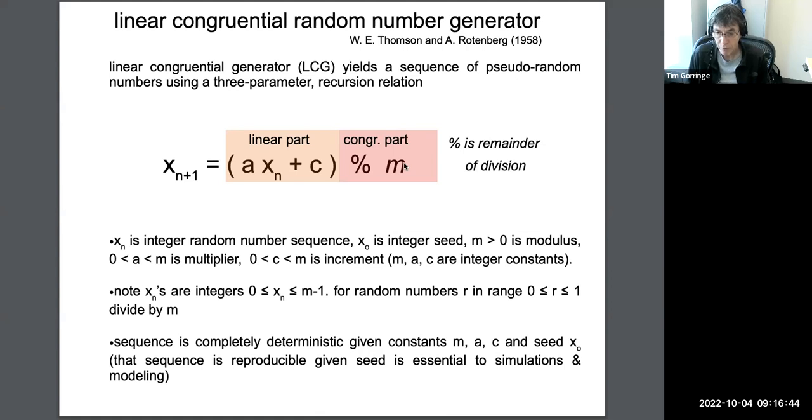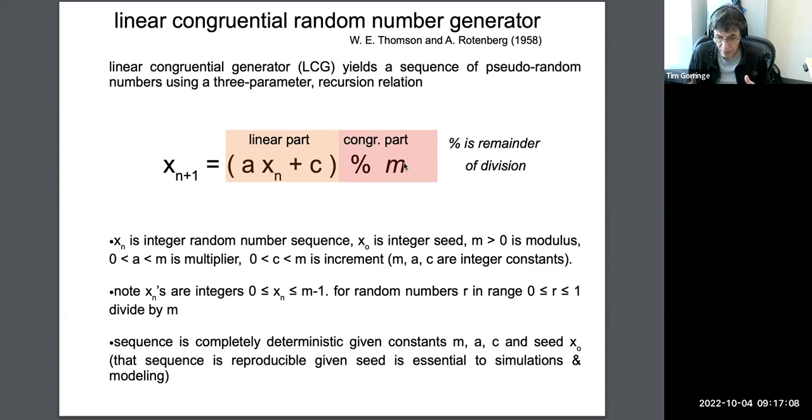Often the problem with this type of random number generator is that you don't get the full period. You don't get the full set of random numbers. And that's an example of a flaw in this type of random number generator, where it doesn't meet the test of randomness.